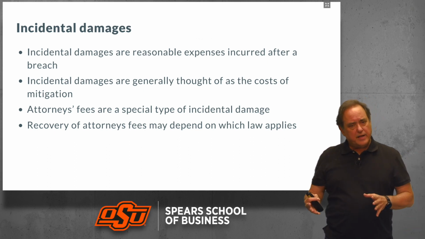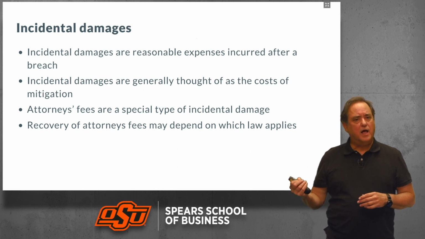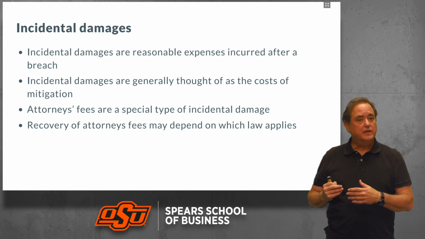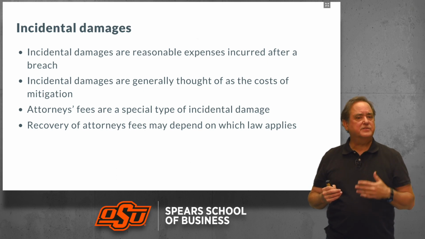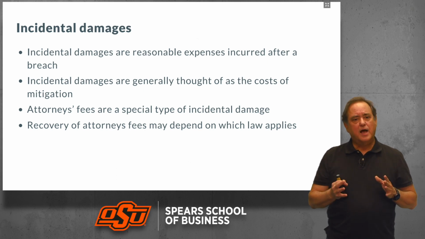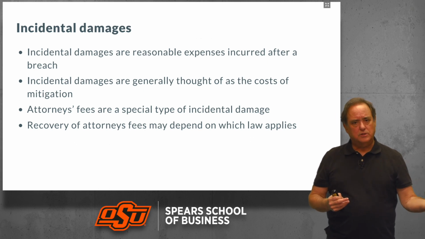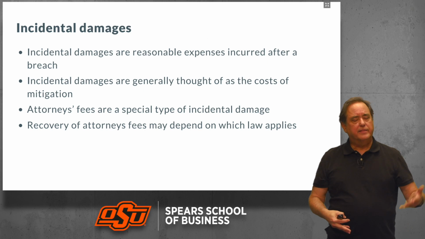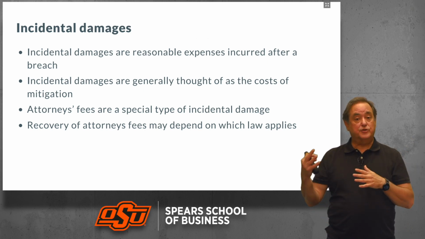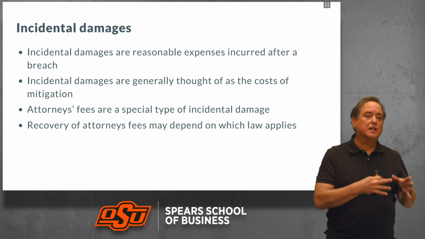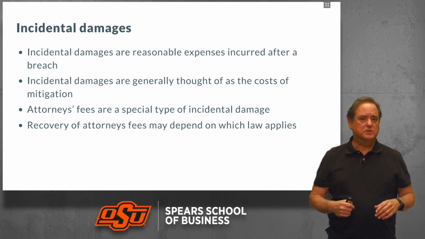The compensatory damages, you have a right to sue me for $100. That's the difference between what you expected to receive, $750, versus what you actually received, $650. So $100. But if you can show that it cost you $100 to resell the good, then you're entitled to that money back as well. So in this case, you would get the $100 of compensatory damages plus the $100 of incidental damages.